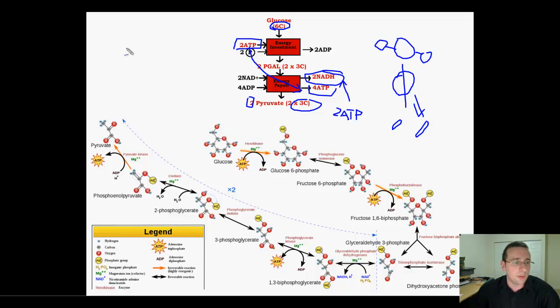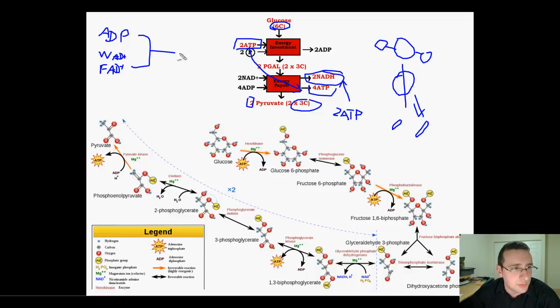Now, before we continue, let's talk a little about these electron carriers that are going to be doing the job of carrying the energy during this process. So you have ADP, and you have NAD, right? And you also have FAD. All of these are uncharged versions of the carriers.